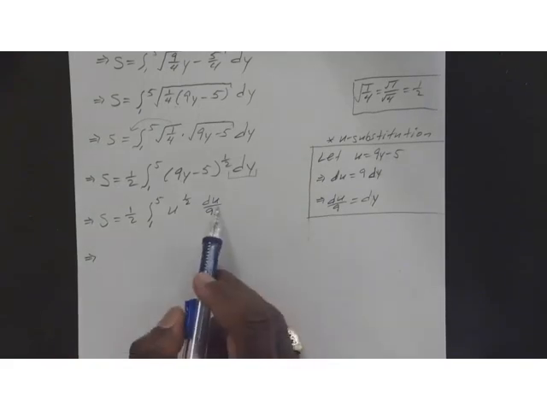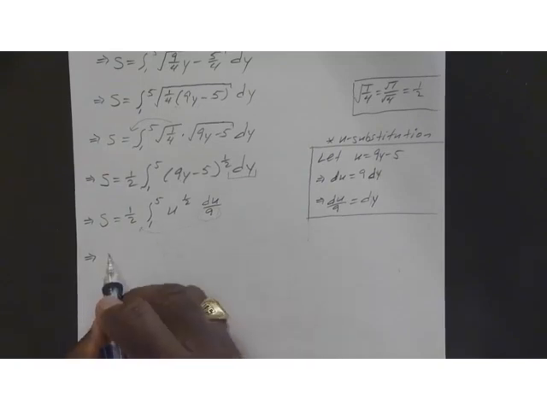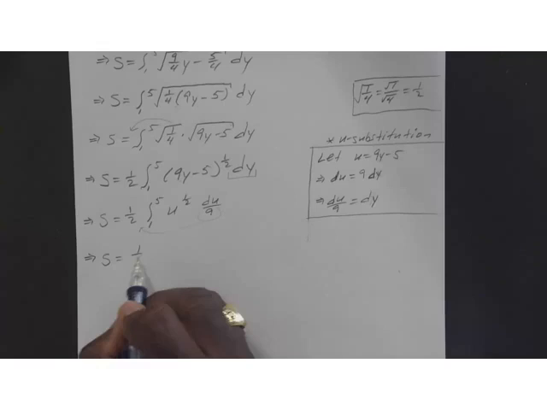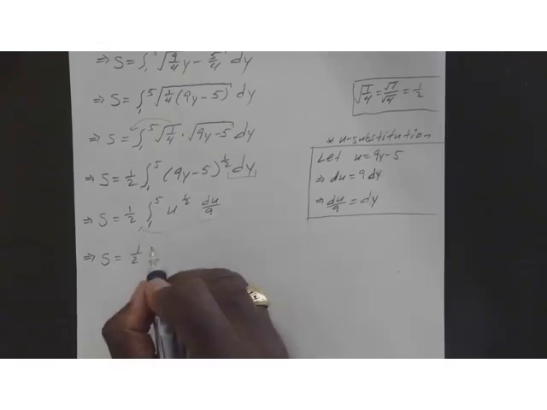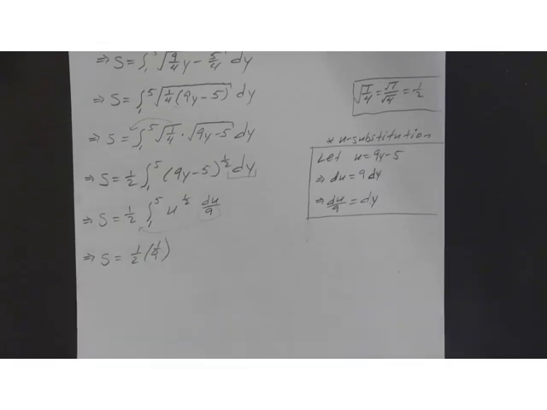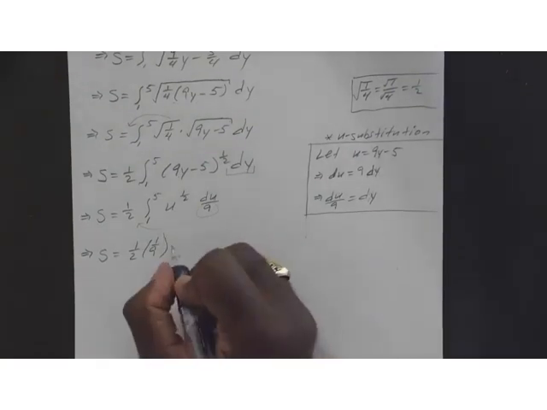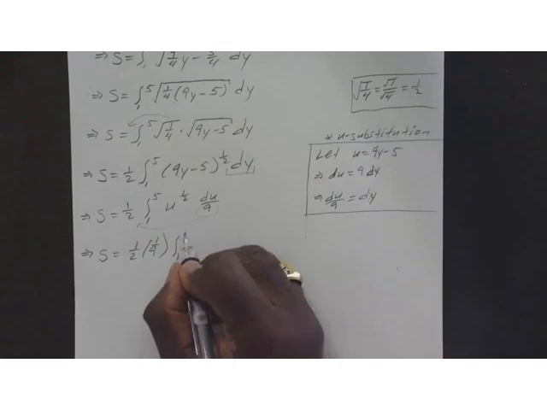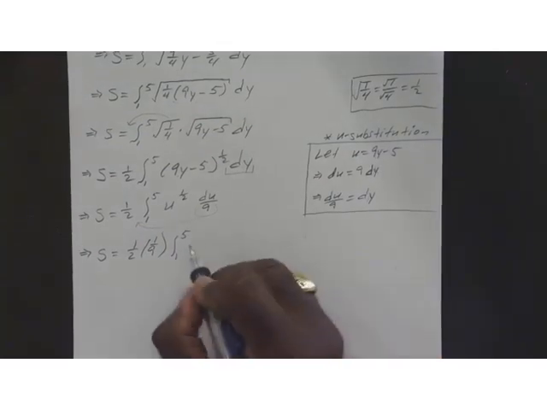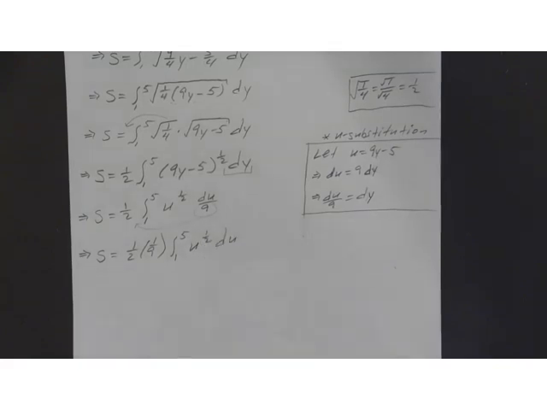Okay. So if we factor out that 1 over 9, just move that right out to the front, that's equal to 1/2 times 1 over 9 times the integral from 1 to 5 of u to the 1/2 power du.